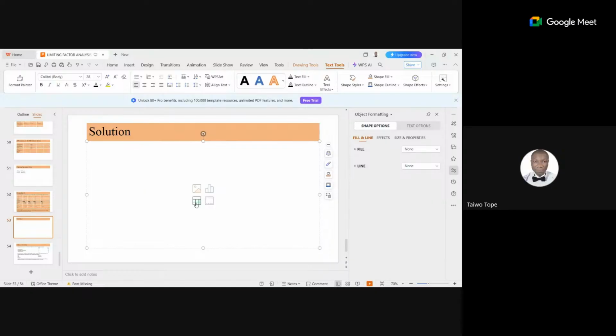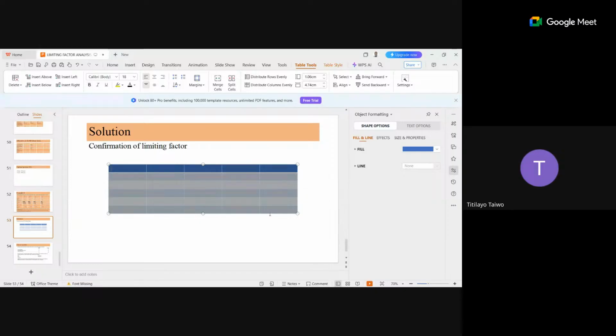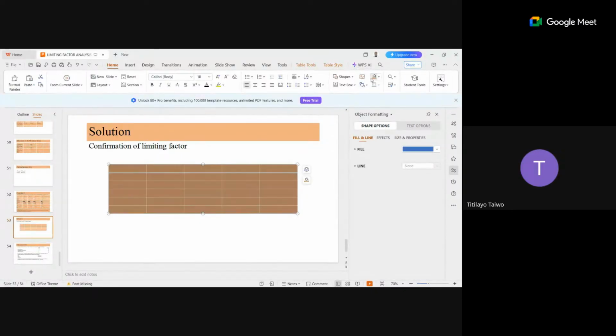That is confirmation of limiting factor. Nice. Confirmation of limiting factor.